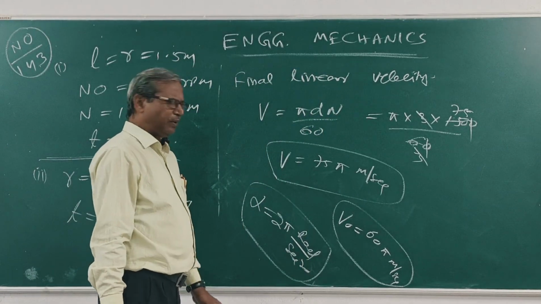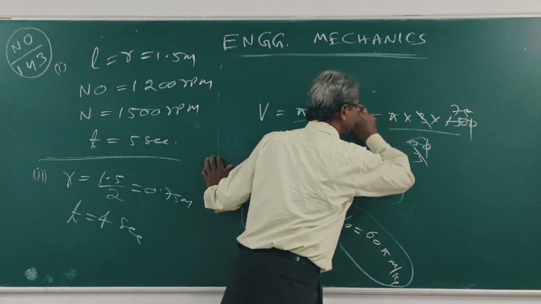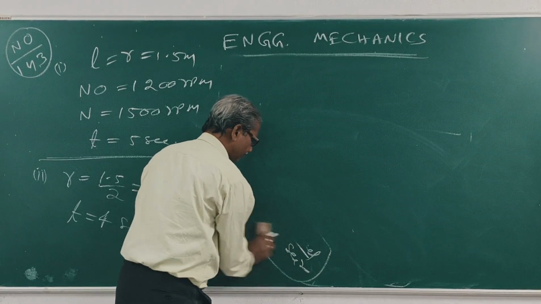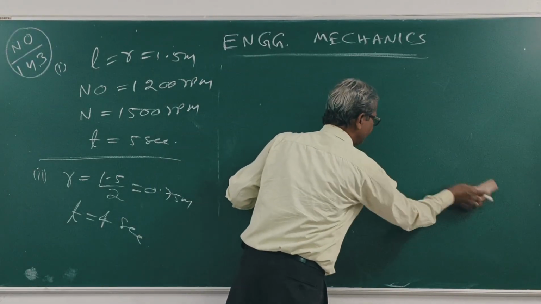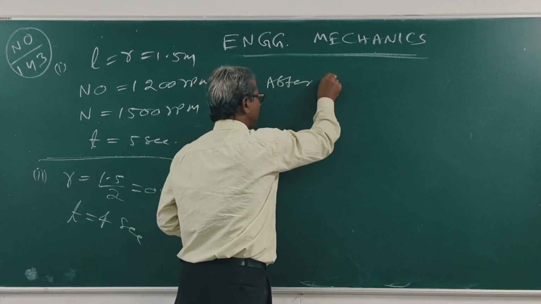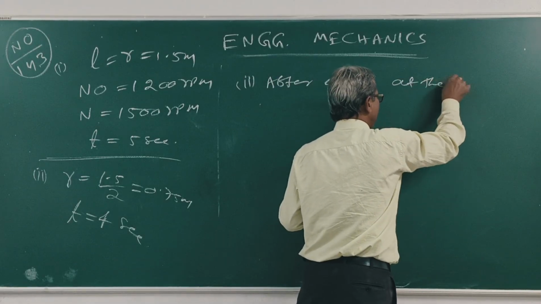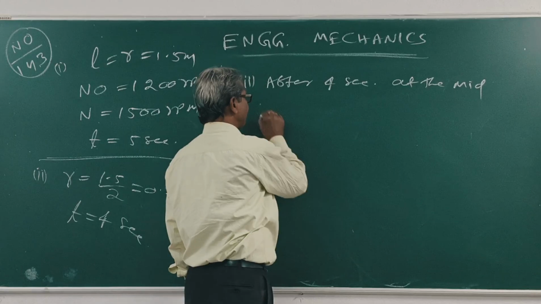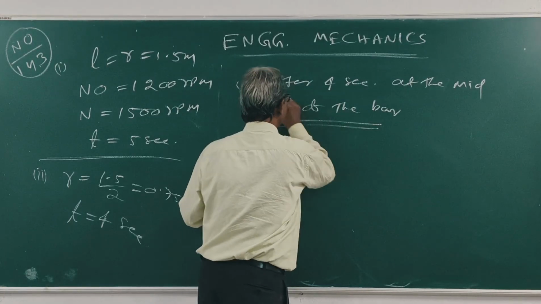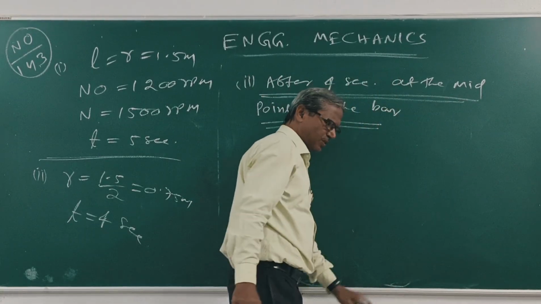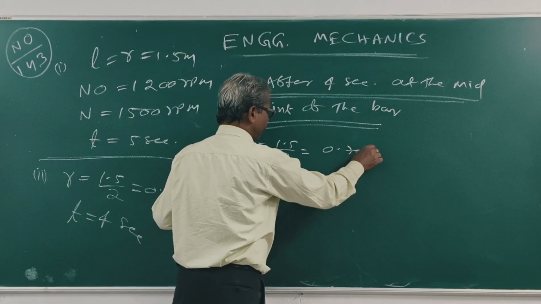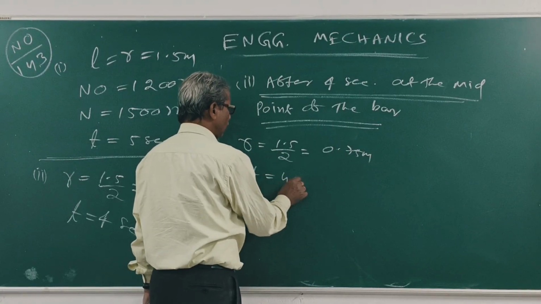Next, after 4 seconds at the midpoint of the bar. What is r? r is equal to 1.5 by 2, 0.75 meter. t is equal to 4 seconds.